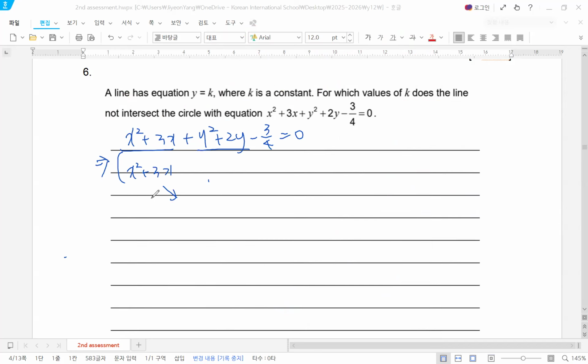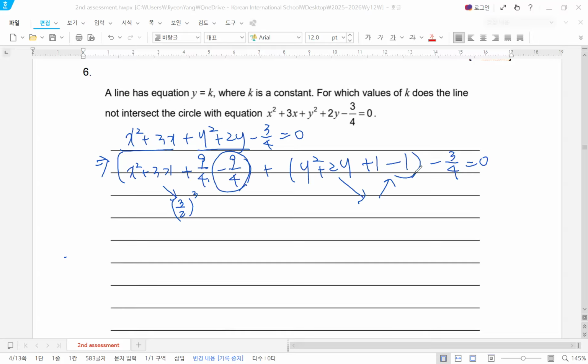Divide by 2 and then square. So plus 3/2 squared, so 9/4 minus 9/4, plus y squared plus 2y, divide by 2 and square it. What is it? Yes, plus 1 and minus 1, and minus 3 over 4 equals 0.